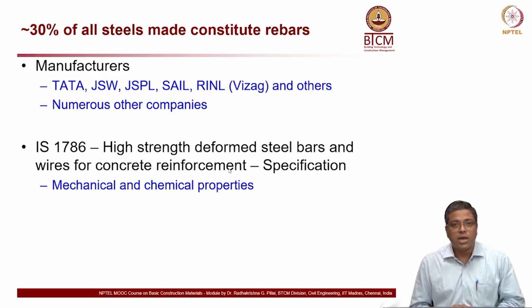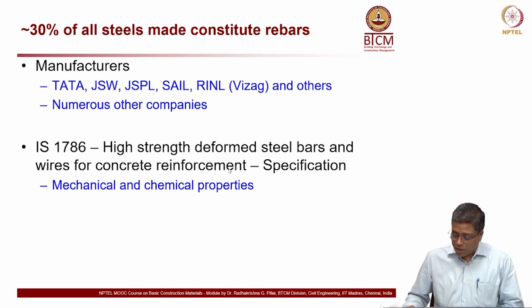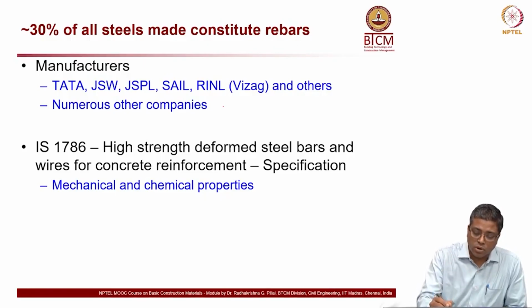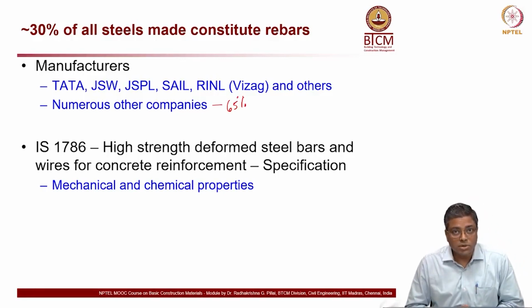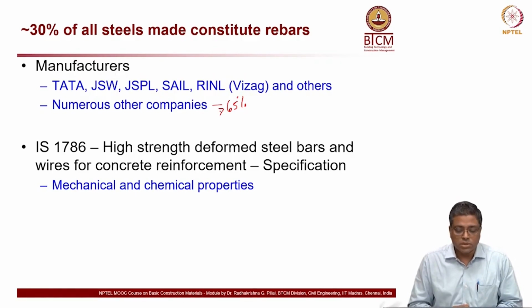So these are some of the major steel manufacturers, but there are numerous other companies which make steel. In fact, these numerous other companies contribute about 65 plus percentage of the steel rebars which is made. Okay, in fact greater than 65 percentage.